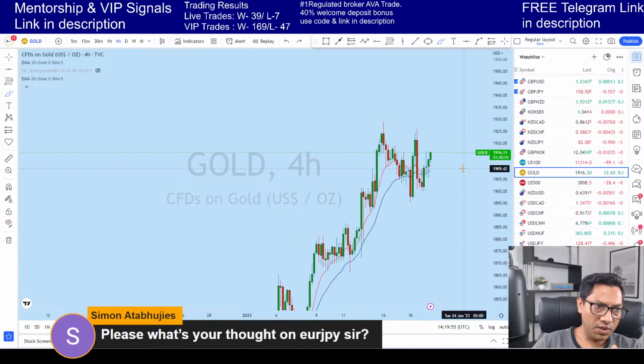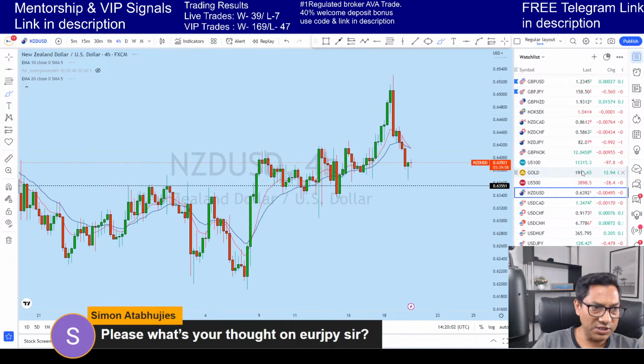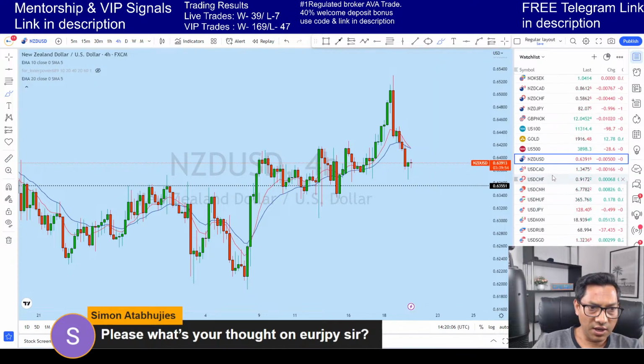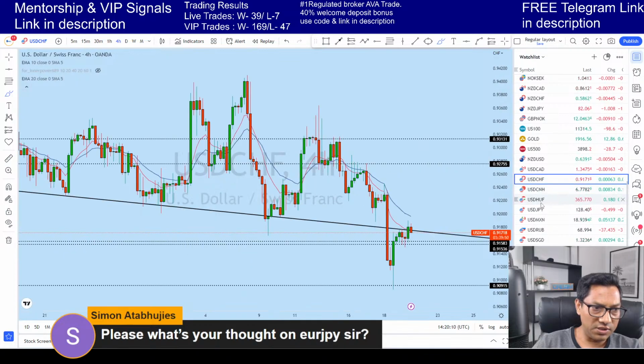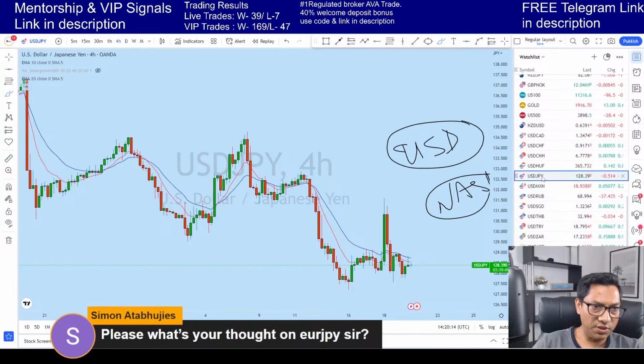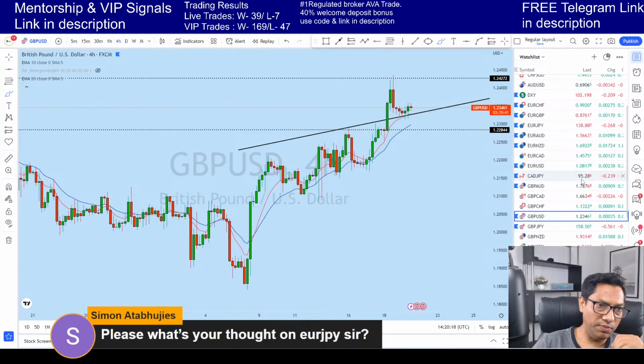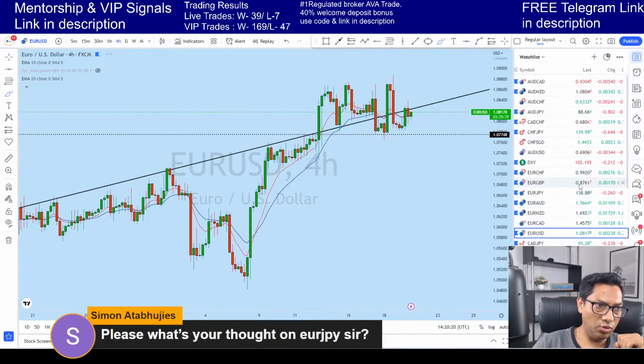I think it's now preparing for a move. If gold is going to go up, then NZDUSD will probably continue to rise from this pin bar, and all the USD pairs may behave in a similar way, including GBPUSD and EURUSD.